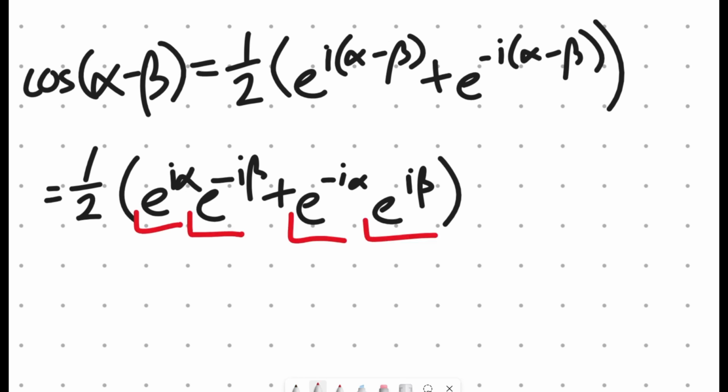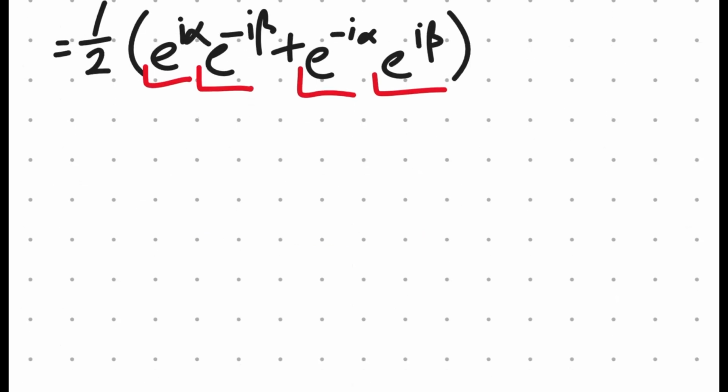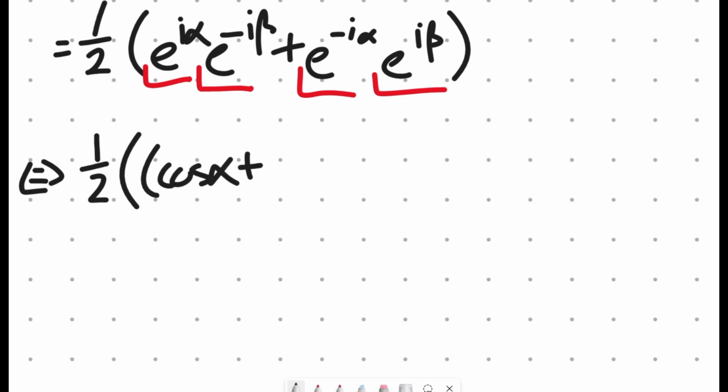Now we can use Euler's identity for each of alpha and beta, stating that, for example, e to the i alpha is equal to cosine alpha plus i sine alpha. And e to the negative i beta, if we look at the complex plane, is just the conjugate of the complex number e to the i beta, since the angles are just a negation of each other.